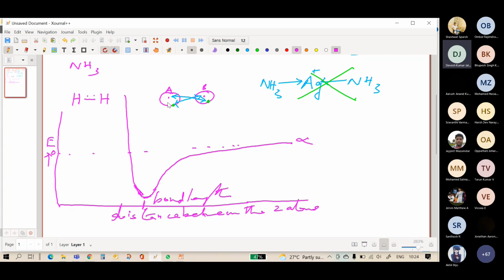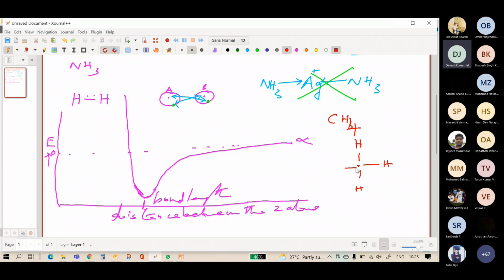But in the case of, let's say, an example like methane, CH4, you don't have just one or two electrons, you have many electrons. You have a carbon at the center and 4 hydrogens.